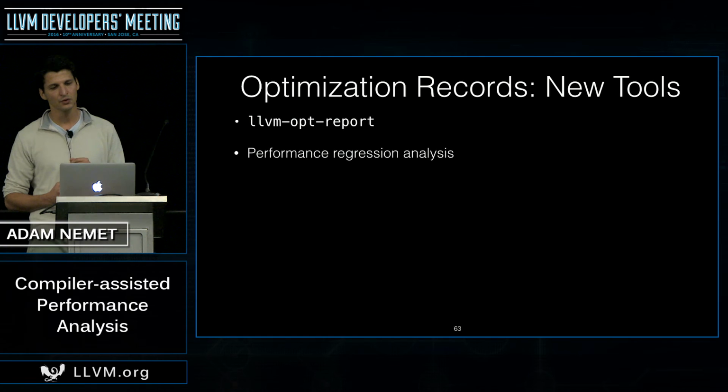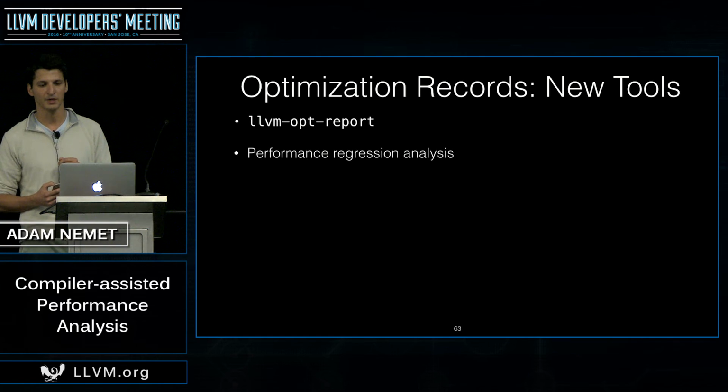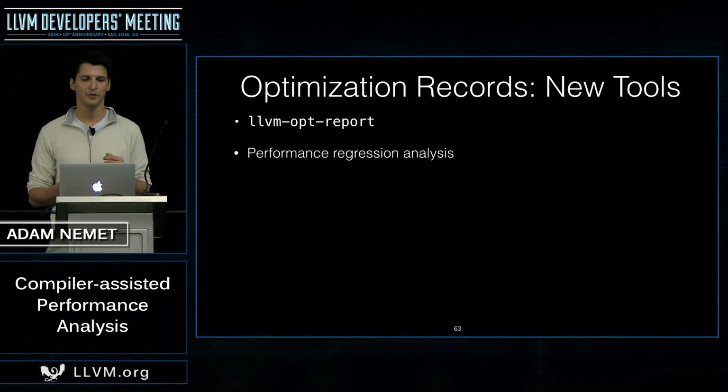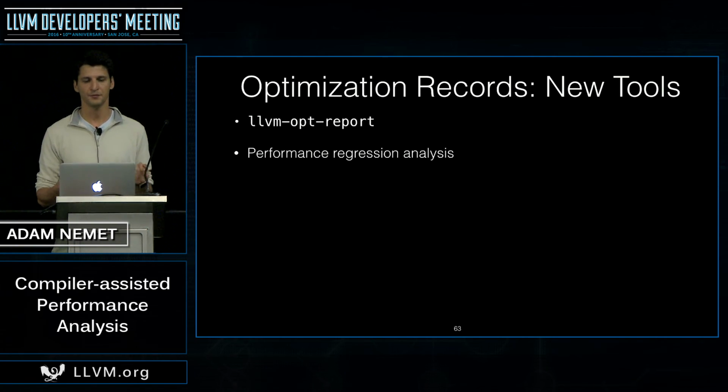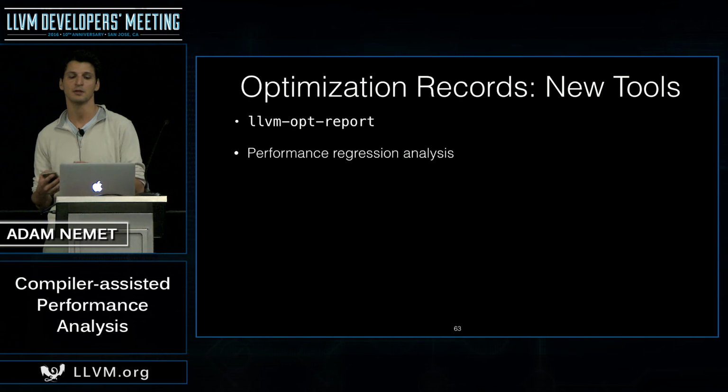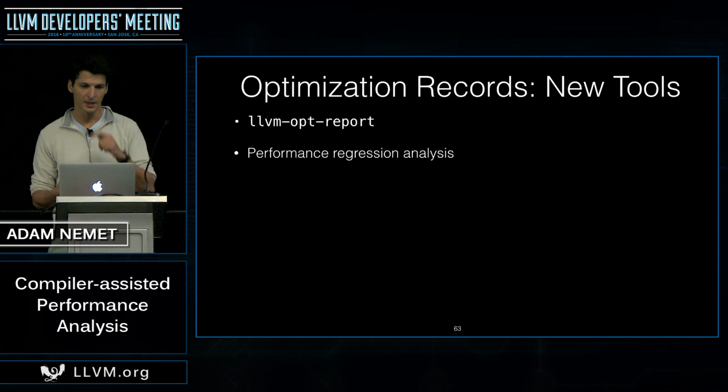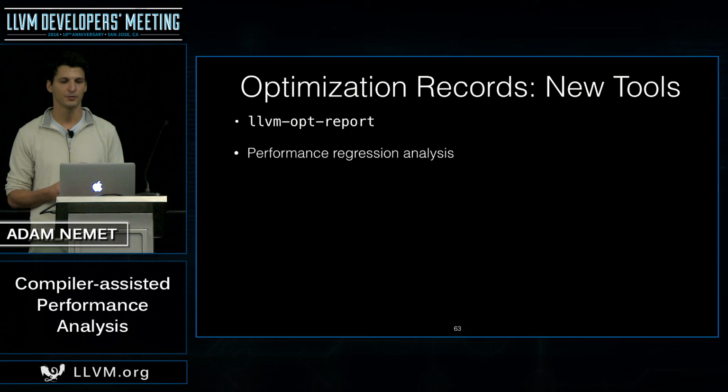Then we can also use this for performance regression analysis. If you have the optimization records generated before a regression and after, and we write a new diffing tool that provides the difference in optimizations in the same YAML format, then we can use the OptViewer tool to display what optimizations have changed, and that should hopefully help us to quickly track down the regression.